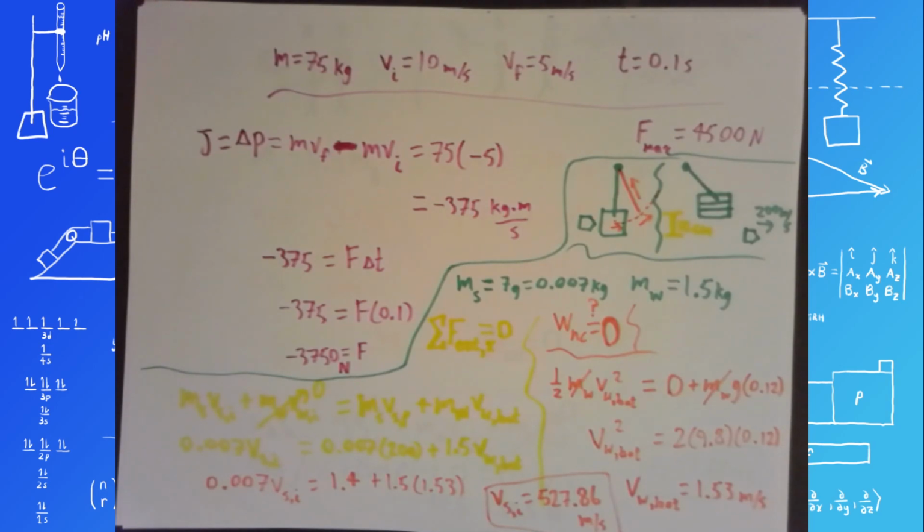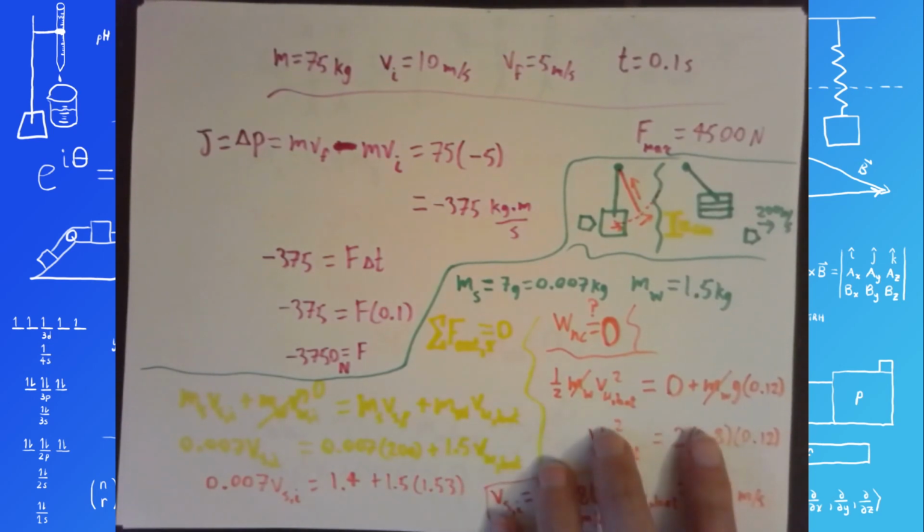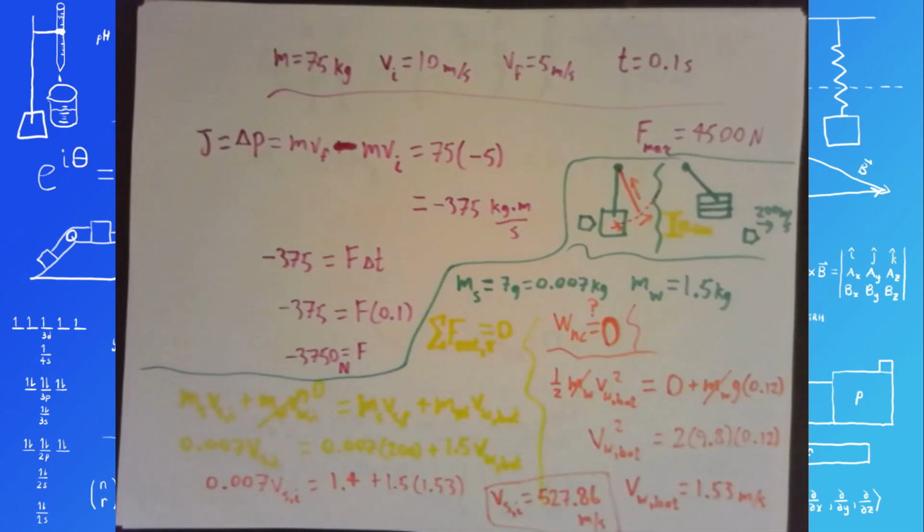Okay, the only other possibility is maybe the author did want you to assume that the bullet rises with the block, in which case you would have to take it into account over here, but no, actually that would be way too complicated for what should be a simple high school physics problem.